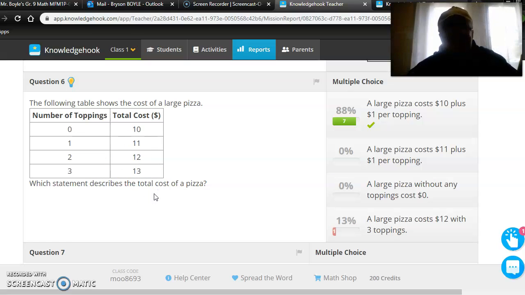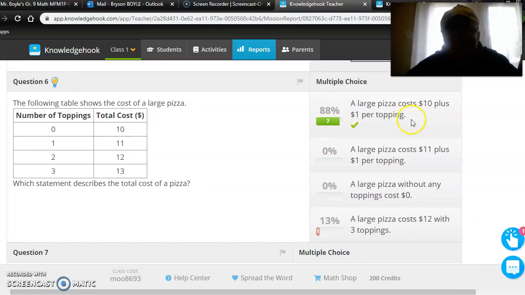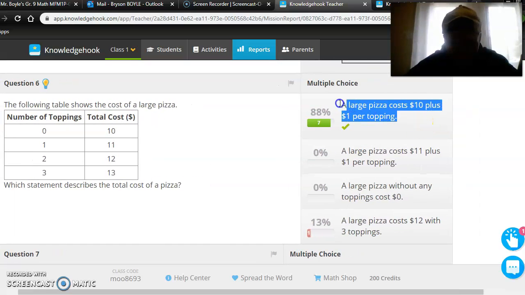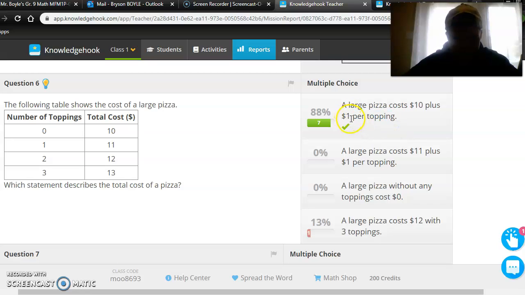So that's what it's asking us to decide. What is this table saying? Well, it's saying a large pizza costs $10 plus $1 per topping. $1 would be our multiplier times the amount of toppings, and $10 would be our constant, right? That's not going to change, that 10. What's going to change is the amount of toppings you get on the pizza. So 1 is our multiplier.